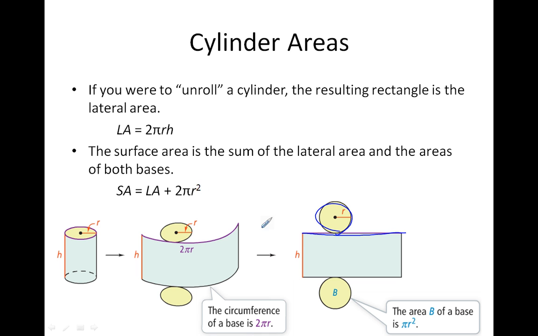So our lateral area is going to be circumference of a circle, which is 2 pi r, times the height of our cylinder. The surface area, we're taking the lateral area plus the area of both bases. The bases are circles, so we have 2 times the area of a circle, or 2 pi r squared.